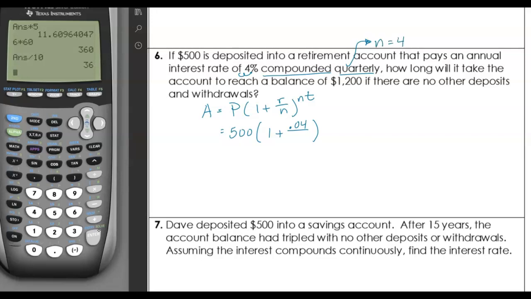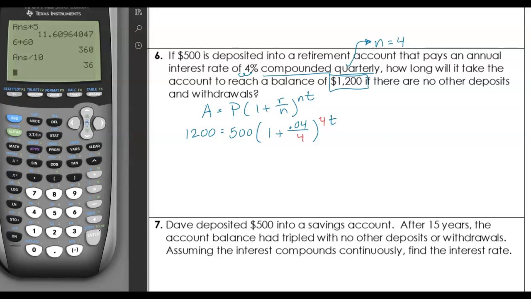Yes, N is 4. And it wants to know at what time our total balance will reach $1,200, meaning I'm substituting 1,200 for my total amount A. And now I'm just solving for T, just like we've been doing.